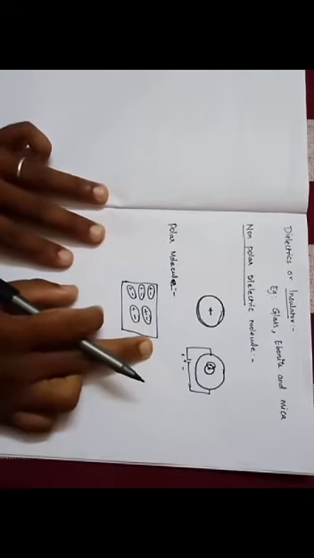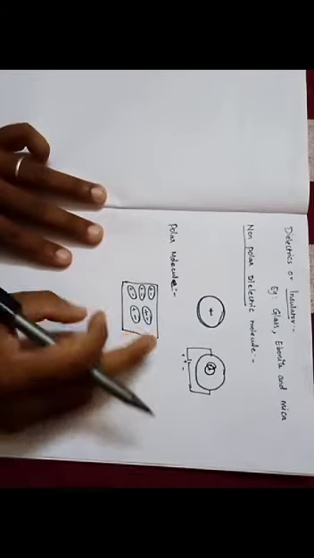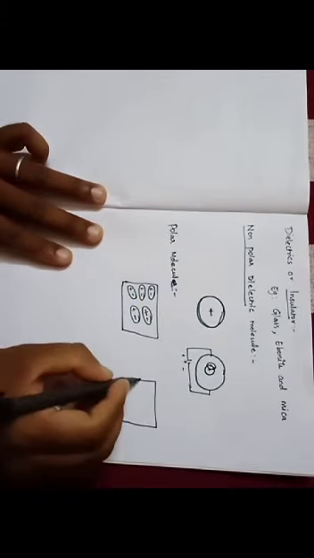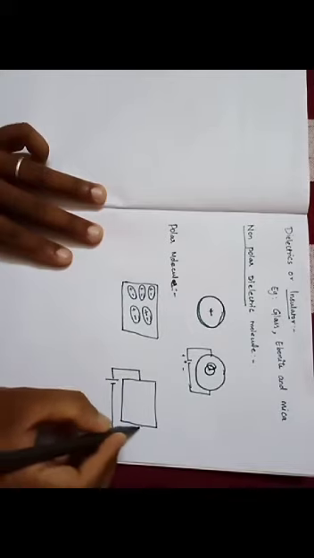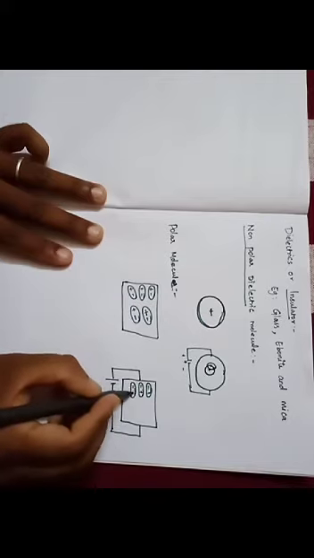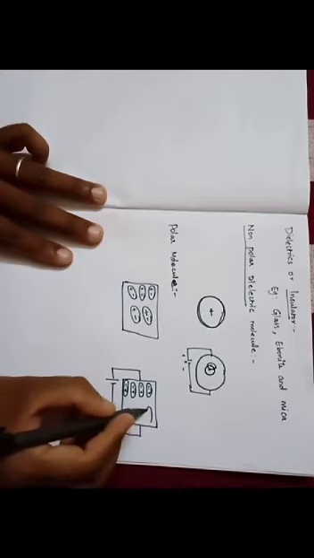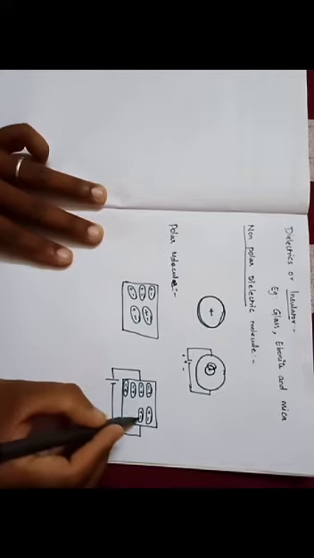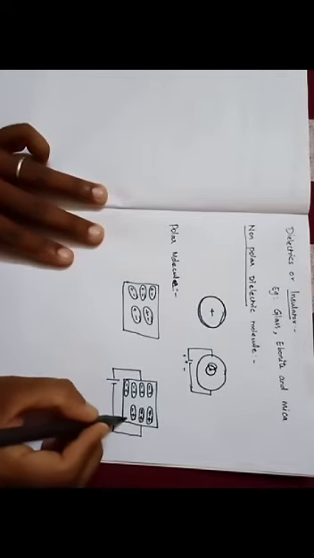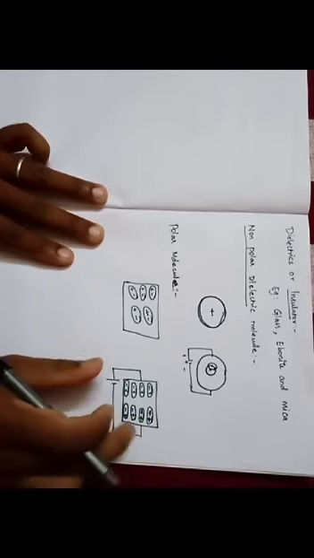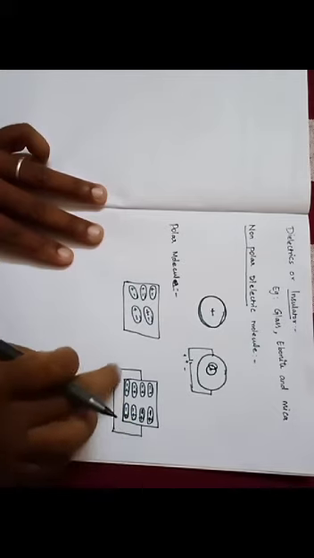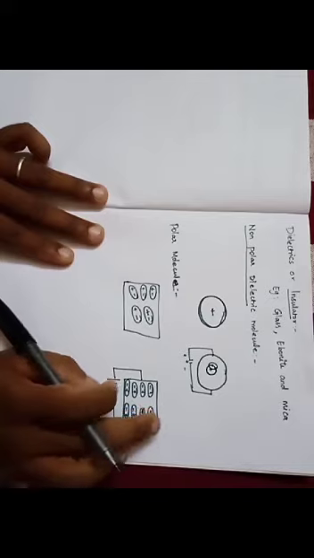When the external field is applied, the dipoles inside the polar molecules orient themselves and are arranged in the same direction, like this: plus minus, plus minus, plus minus. So the dipole moment is induced by the external electric field.